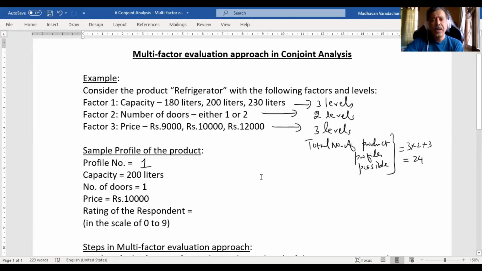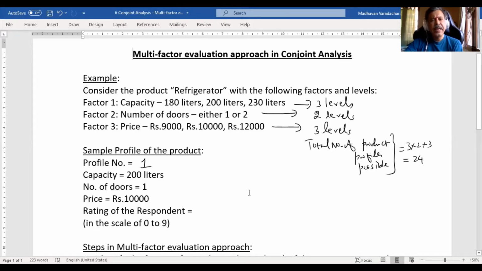So that profile you may eliminate, so that the respondents have fewer profiles to rate. Ask them to rate all the profiles on the scale of 0 to 9.